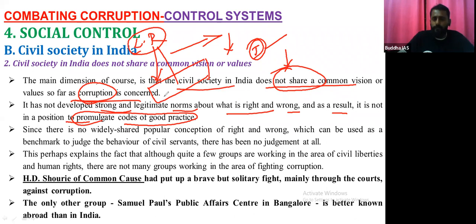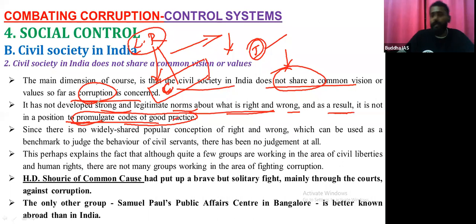When people think it is okay to be corrupt, the laws will also imply the same. Laws won't be that effective.